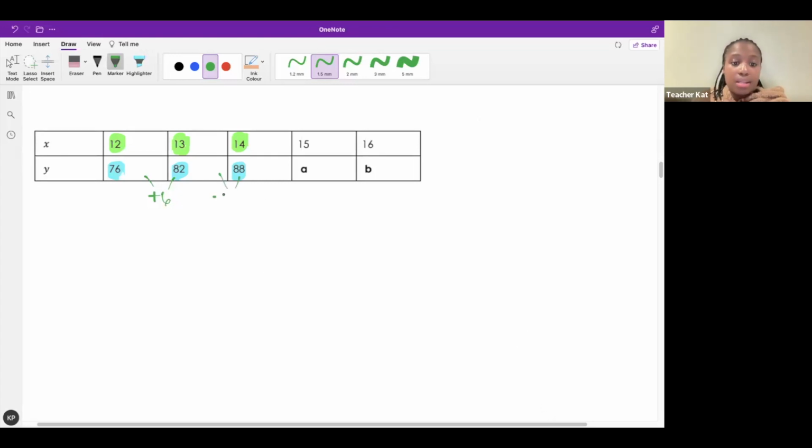So we're adding 6 every time. So we still need to work out the general formula here, but you can definitely still figure out A and B without the general formula. How do I get from number 14 to 15? I have to add 6. So then what will A be?